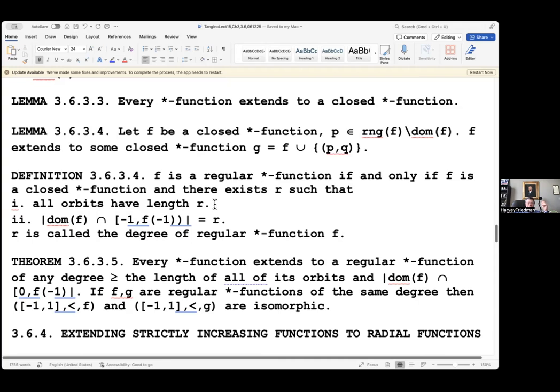The orbits all have the same length, and the stuff that starts the orbits, i.e., the stuff in the domain that's in this interval here, -1 to F of -1, has cardinality R. And R is called a degree. You also want all the orbits to have length R. So all the orbits have length R, and all of the starting points of the orbits are at least R.